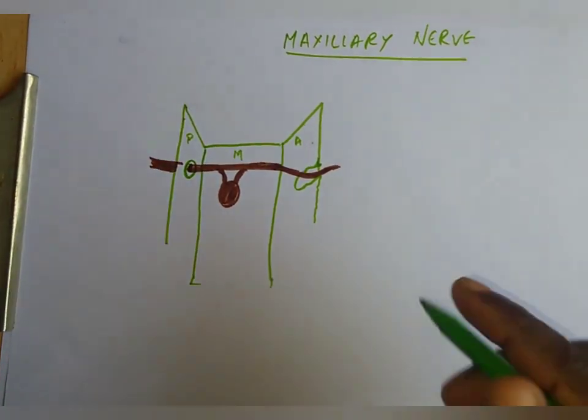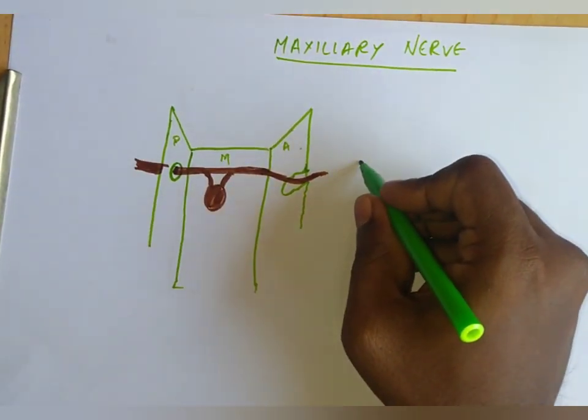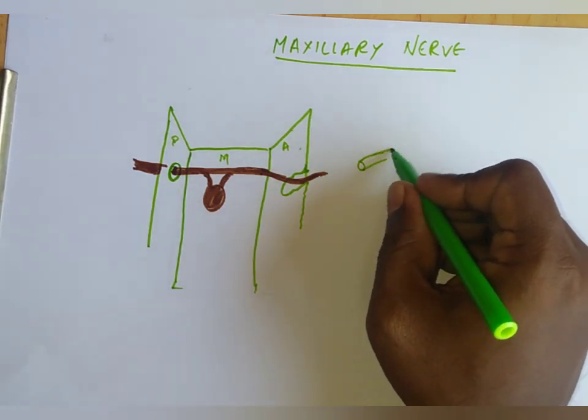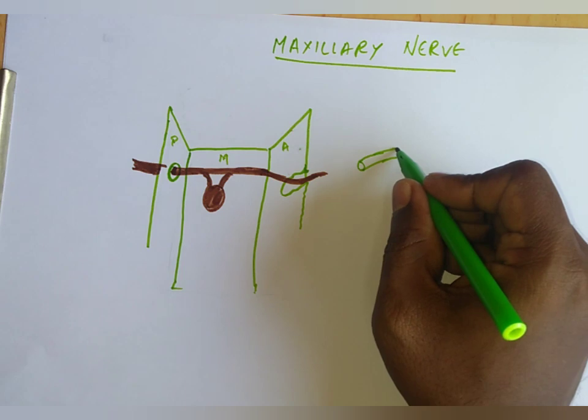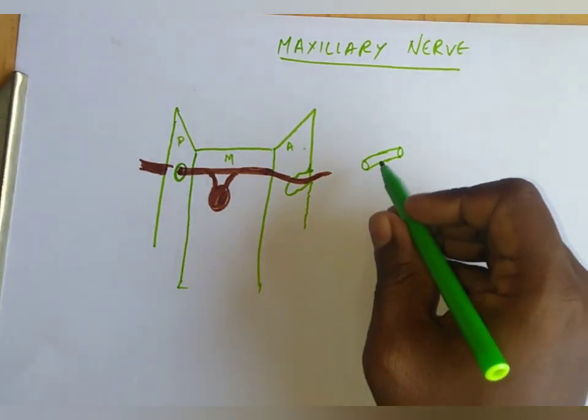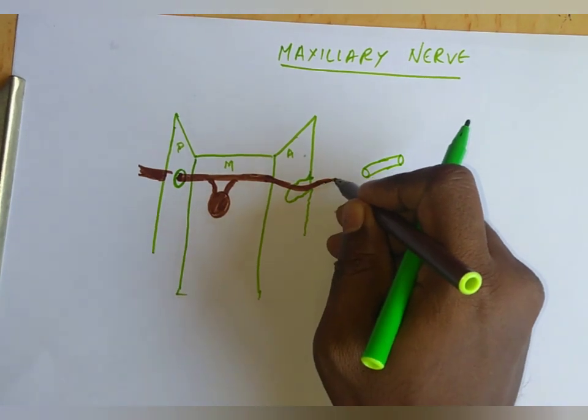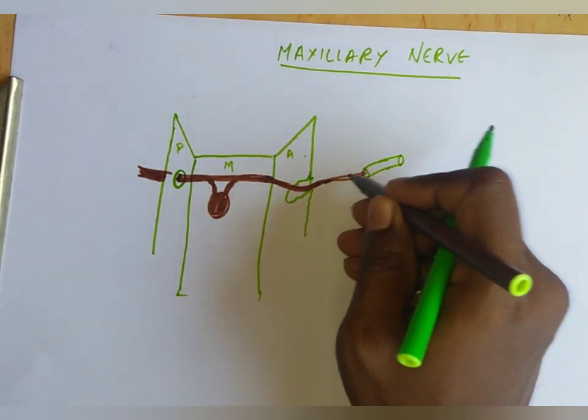After passing for a little distance, it enters a small canal which is present along the inferior wall of the orbit, the infraorbital canal.